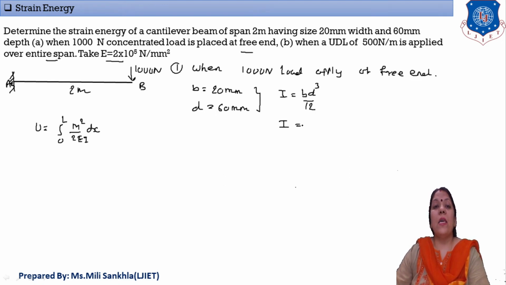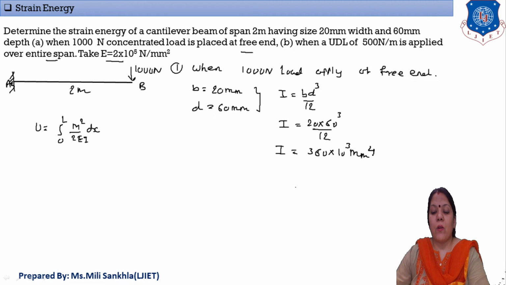Then I is equal to B is given 20, then D is given 60 cubed by 12. Then the value of I is equal to 3.60 into 10 raised to cube mm raised to 4.